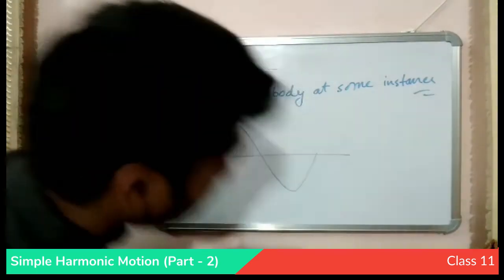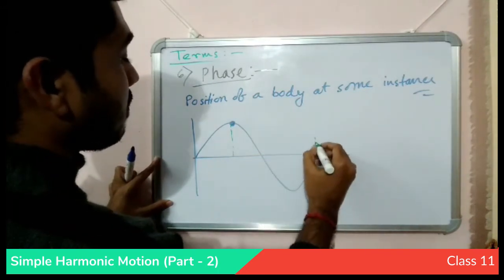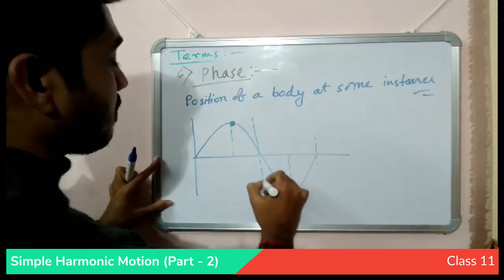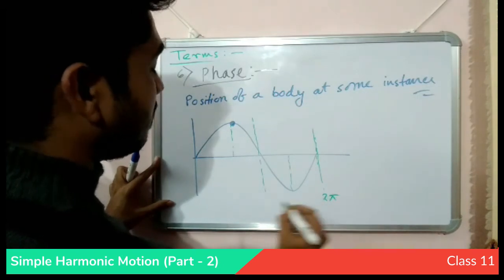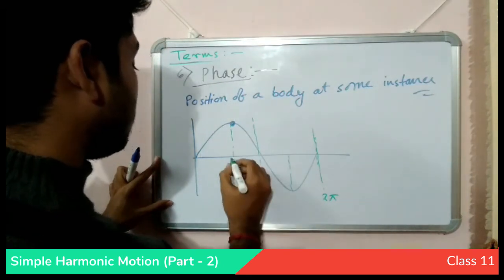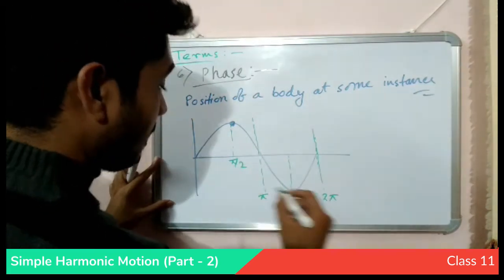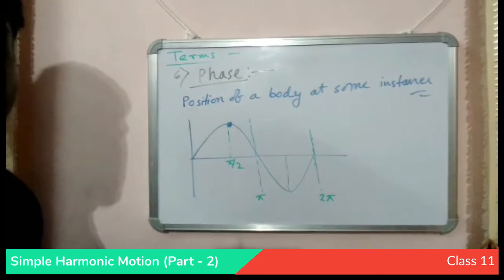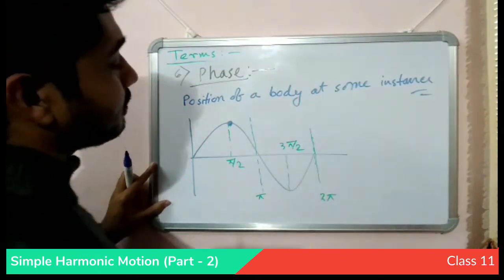Then this position is 2 pi, this is pi, this is pi by 2, and this is 3 pi by 2.